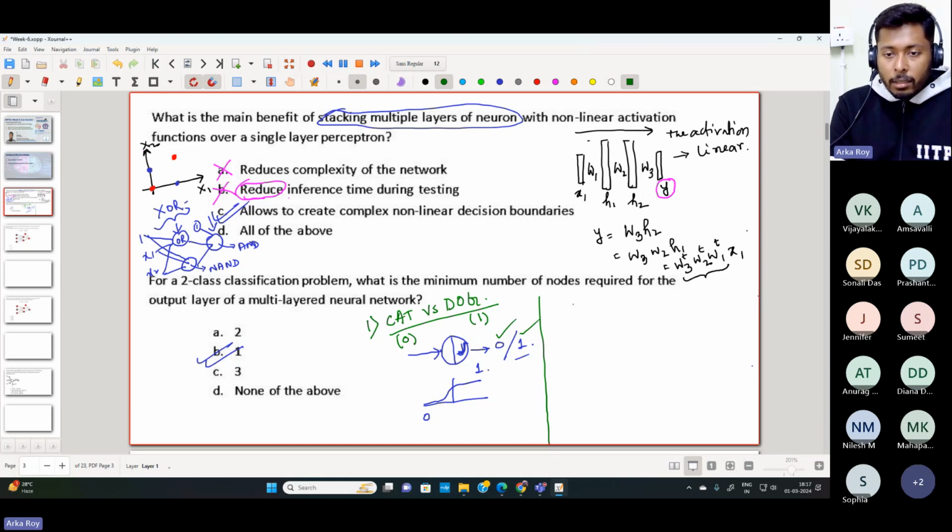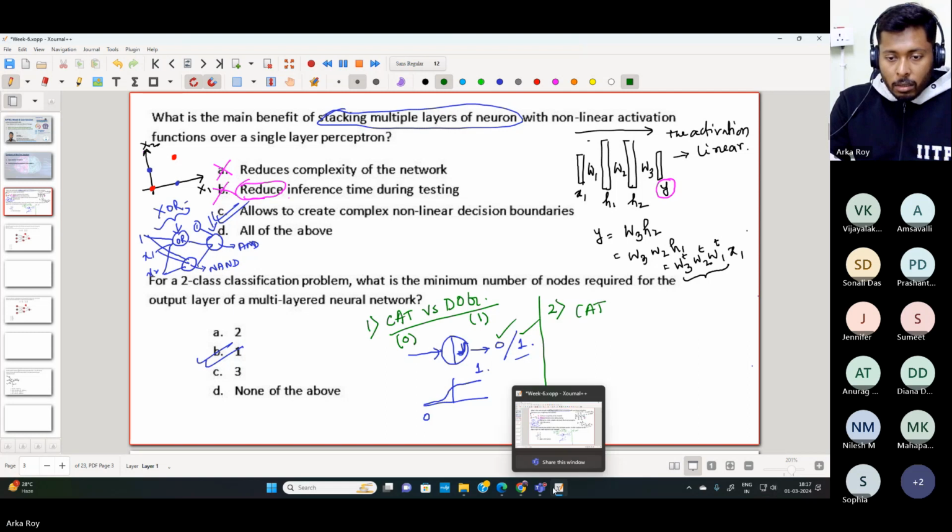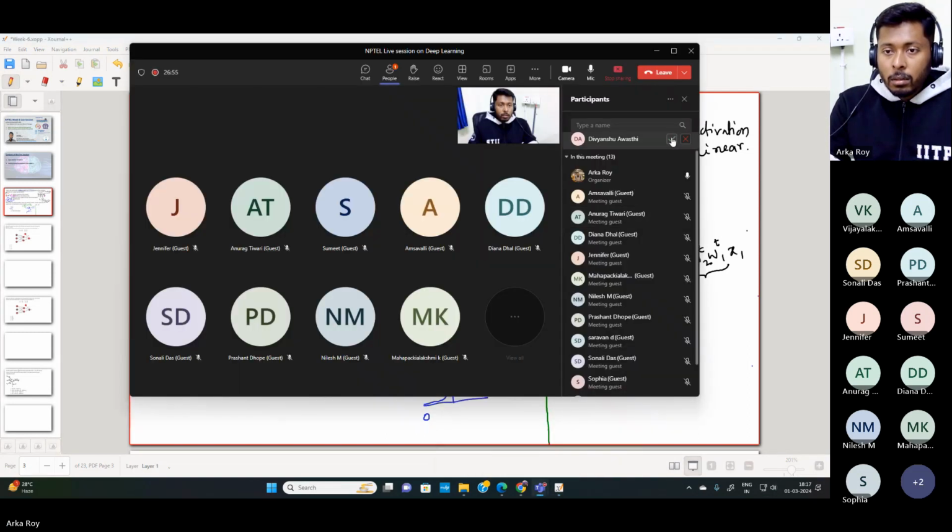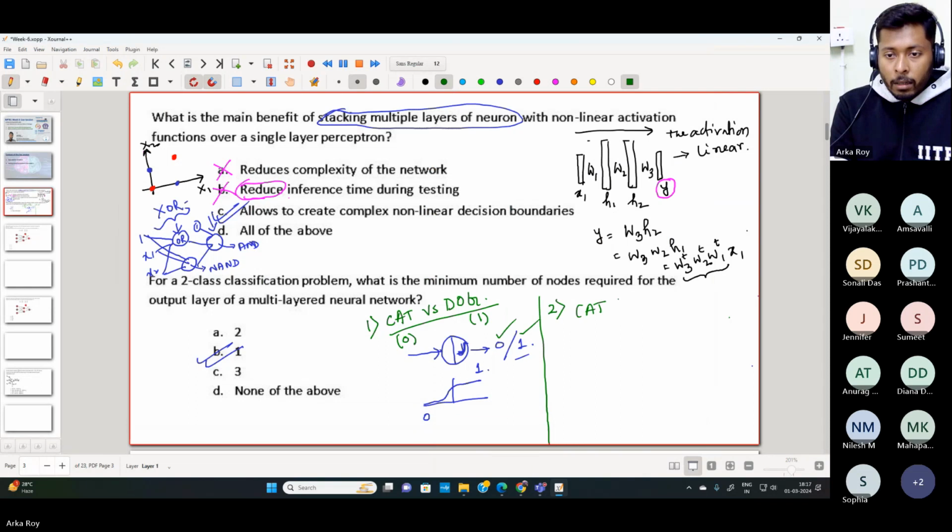But let us consider you have another classification. For example, in case 2, you need to classify cat versus dog versus cow. So in this particular classification task, you can see that you have three outputs.